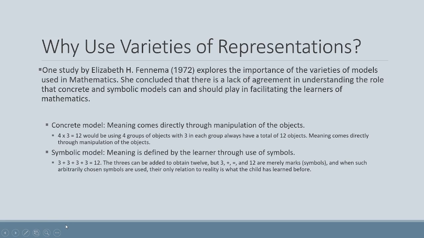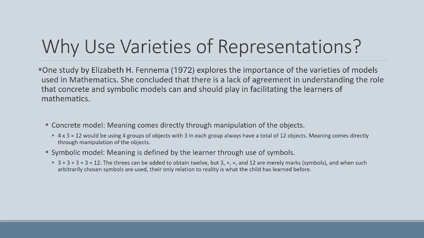So, again, why are we using representations? One study by Elizabeth Finema explores the importance of the varieties of models used in mathematics. So she concluded that there is a lack of agreement in understanding the role that concrete and symbolic models can and should play in facilitating learners of mathematics.